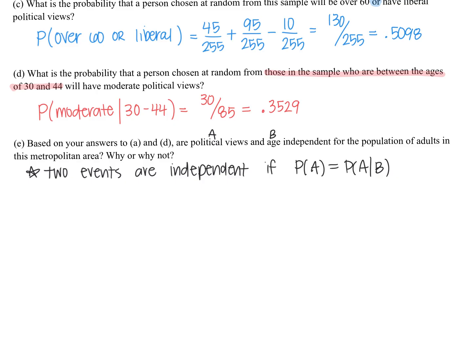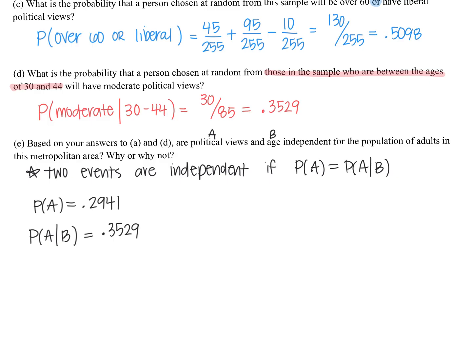So for us, the political view that we're specifically looking at is moderate. So my probability of A ends up being 0.2941. Probability of A given B, so the probability of moderate given you're 30 to 44, was 0.3529. And those came directly from A and D that I already calculated.